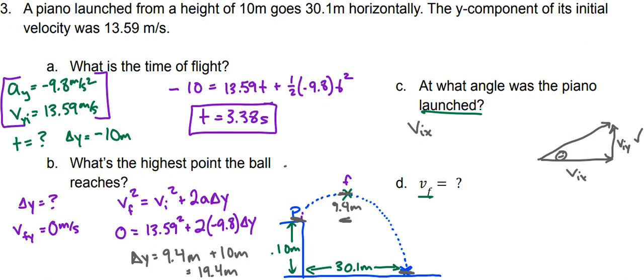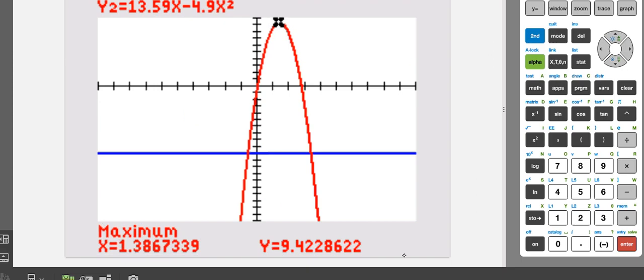The initial x velocity is linked to the change in position over the amount of time. And that's where we finally get to this 30.1 meters, something that we know, divided by the total amount of time it takes to go that 30.1 meters. And we get the final and initial x velocity.